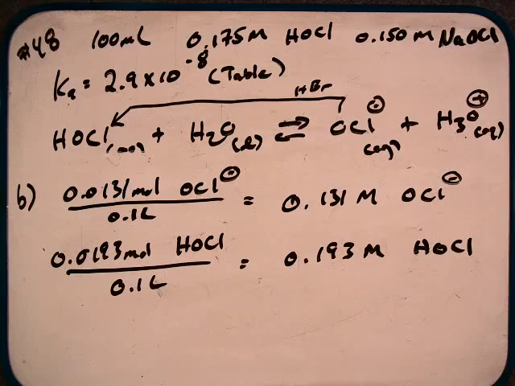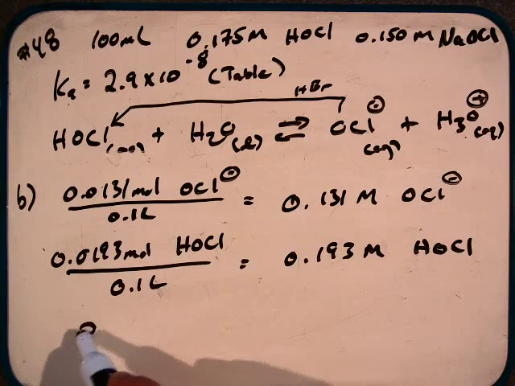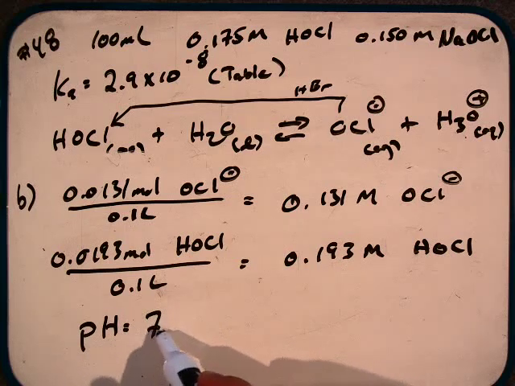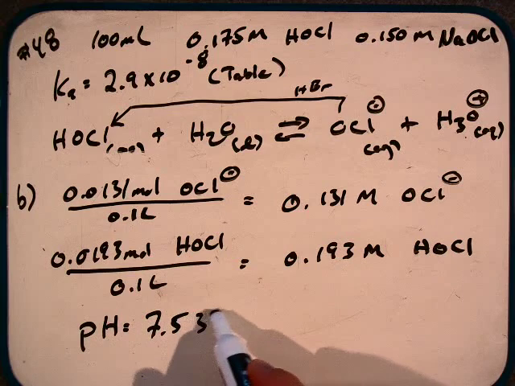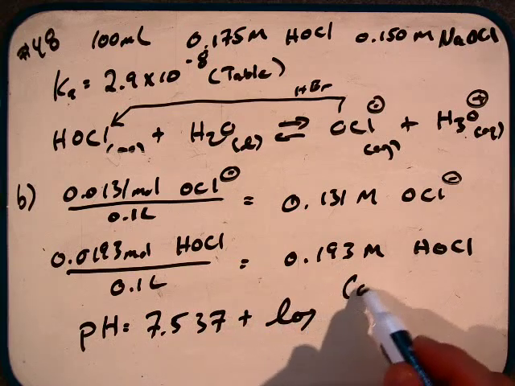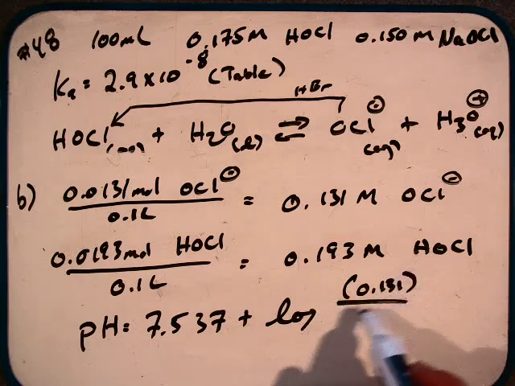And so those are our new concentrations. And so we're going to use the Henderson-Hasselbalch equation again. And so that pH is equal to the pKb. In part A, we already figured out that's 7.537, and now plus the log of these new concentrations.